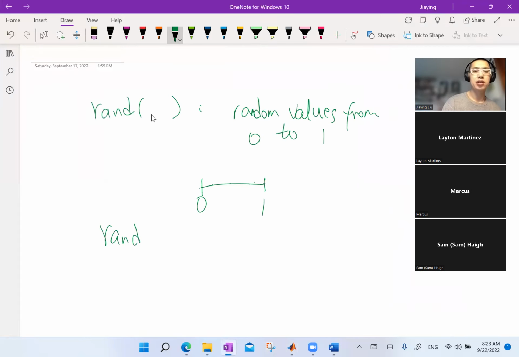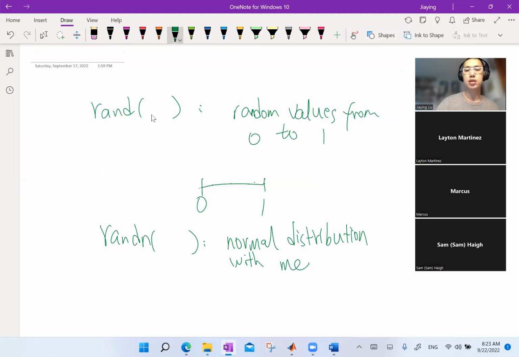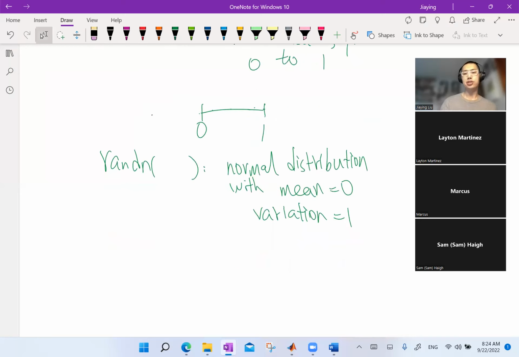And randn, which is a normal distribution, is going to give you values, but not necessarily from 0 to 1, because this normal distribution has a mean equals 0 and a variance equals 1. So it's going to distribute values randomly, but with an average of 0.